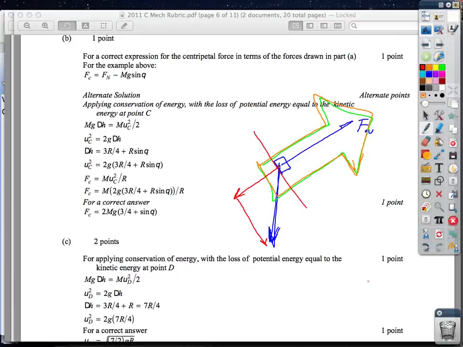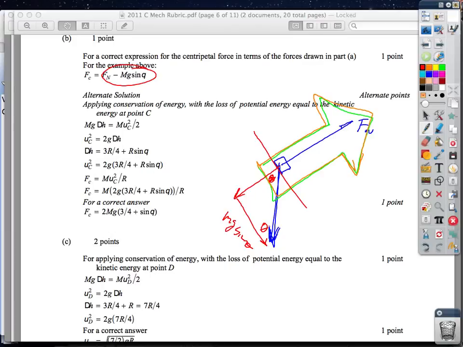so if we take this as theta, then this is going to be mg sine theta, and that's where they get this. So do you see that f sub c is equal to fn minus m? Oops, just kidding. They obviously use this as theta, because they subtract this.